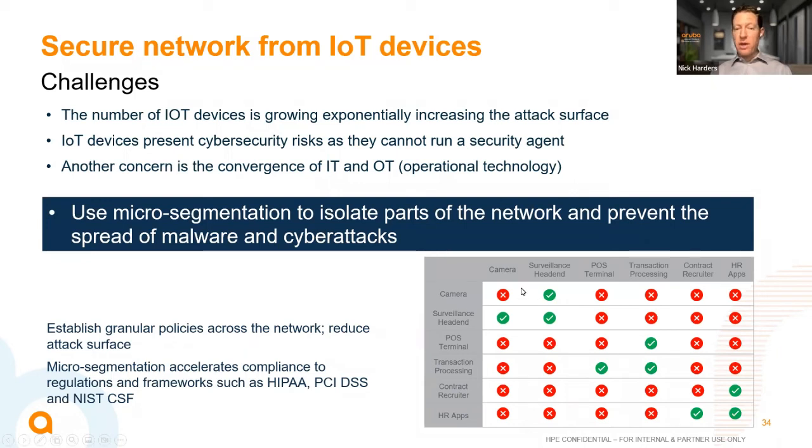So the idea here is that we can implement micro-segmentation even at the branch, and you'll see on the bottom right some examples here where we define certain roles of devices as they come into the network, and we allow or deny connectivity between devices that fit within each of those particular roles. So there's a lot of capability here. And you will also see tight integration with Aruba ClearPass, which is our policy management platform, to extend this into not just application, but also additional role-based capability.